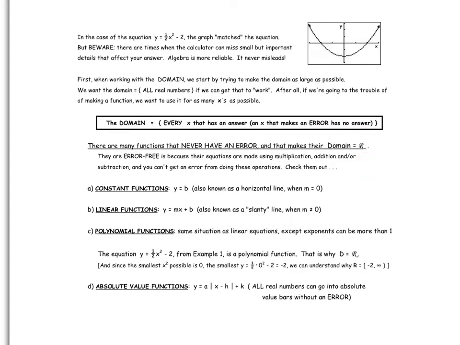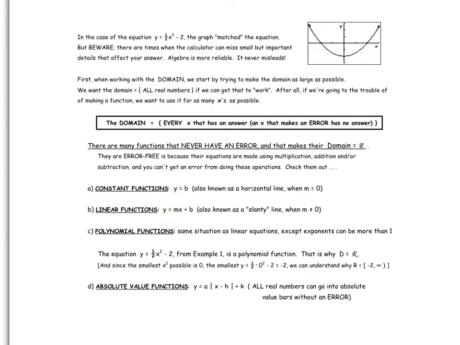Check it out. Constant functions, where y is always equal to a specific number, no matter what x is, will give us a graph that's horizontal with slope equals 0. Linear functions that have the formula y equals mx plus b, where m is not 0 and the line appears to be slanty, also have domain all real numbers, because all we're doing is multiplying our x's by a number and adding on another number.